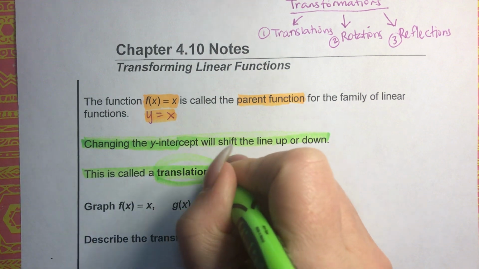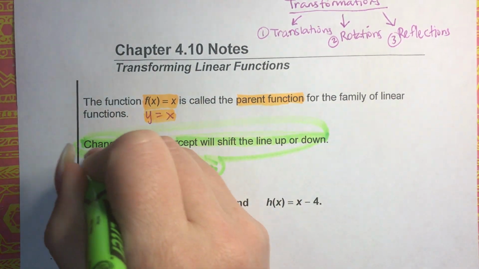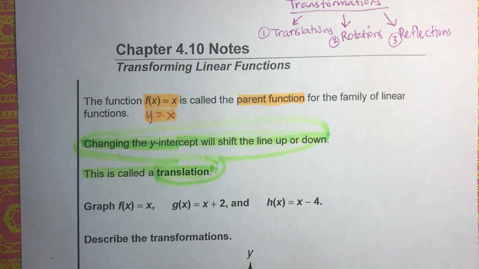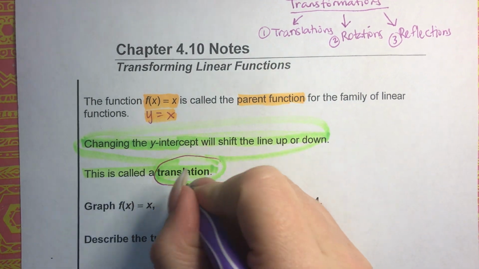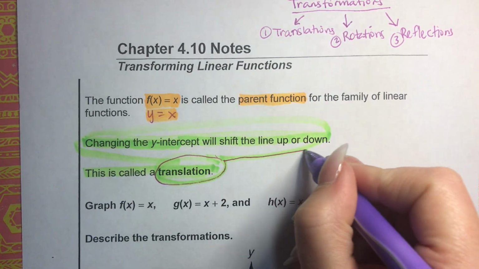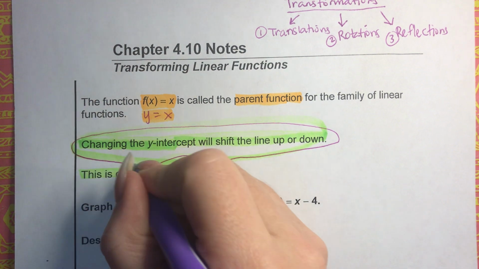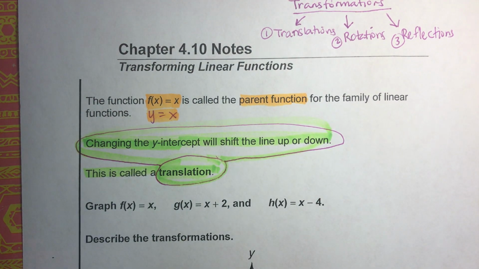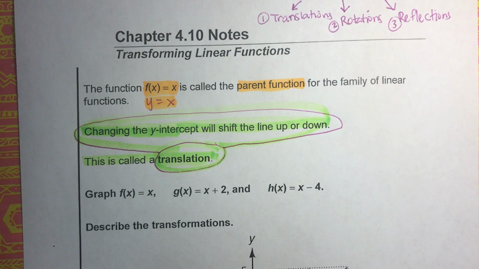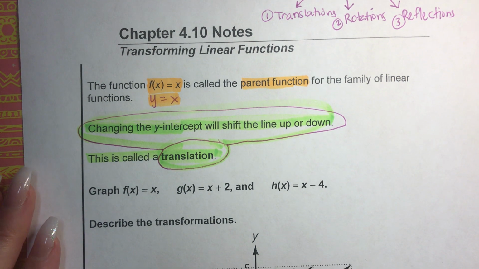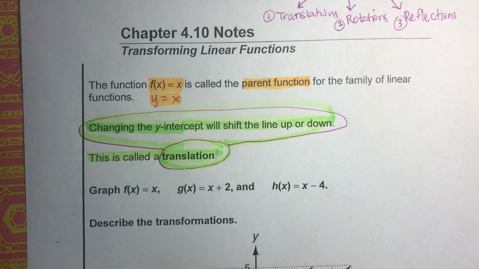So these 2 pieces of information are really connected. Translation and changing the y-intercept. Okay, so that's really what we're going to be looking at, is that y-intercept, and if that y-intercept is moving. And if it is changing, then that is a translation.